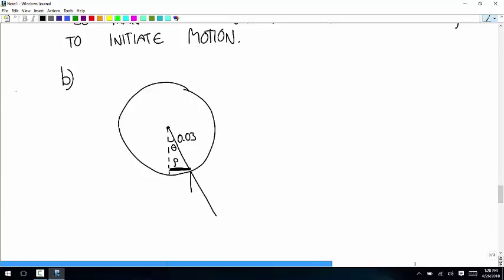This is the 8,000 Newton force that's counteracting this 8,000 Newton force. This angle is theta.